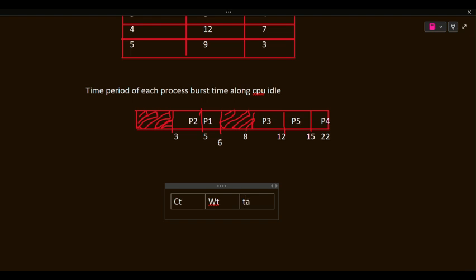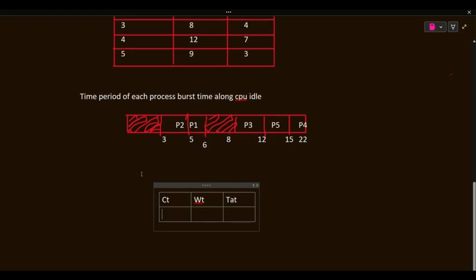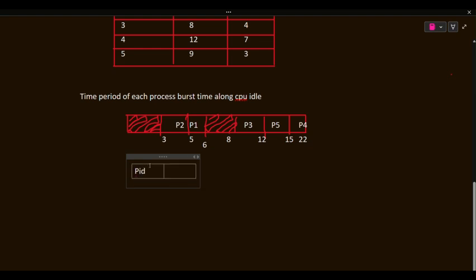Turnaround time is the time period that is spent by the process in the system. Let's also make another column. PID indicates the process ID, CT for completion time, WT for waiting time, and TAT for the turnaround time.